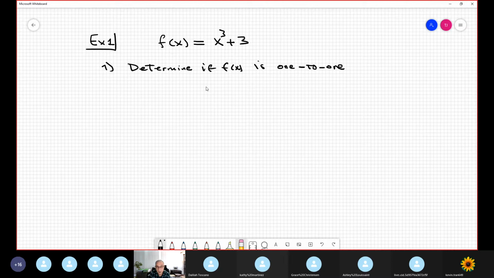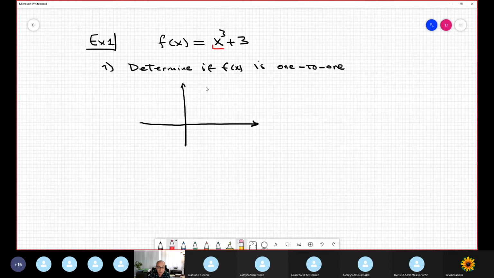The only test I have to determine this is the horizontal line test. And I need to know from algebra that the graph of this function is a family. So I suppose the graph of the cubic function alone looks like that.